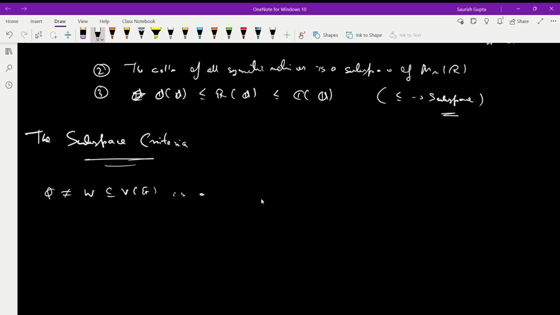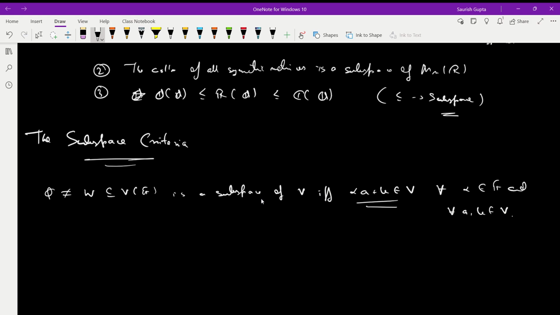A non-empty set W of a vector space V over F is a subspace of V if and only if alpha times A plus B belongs to W for all alpha in F and for all A, B in W. So if you are given any subset, you can just use this criteria to check whether it's a subspace or not.